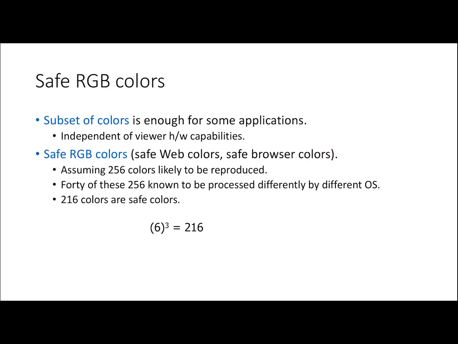But in most cases, what is useful is called the safe RGB model or safe RGB colors. In the safe RGB color model, we do not consider all 2 raised to power 24 different colors, but rather the number of different colors used in such cases is 216.